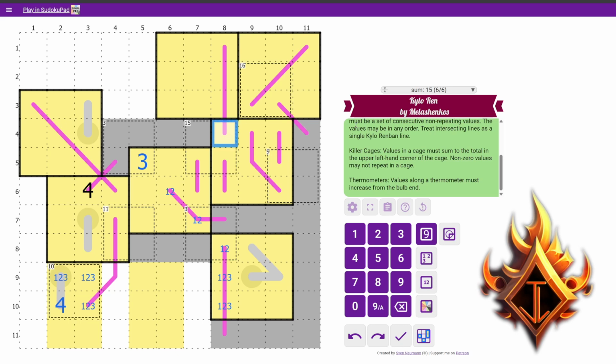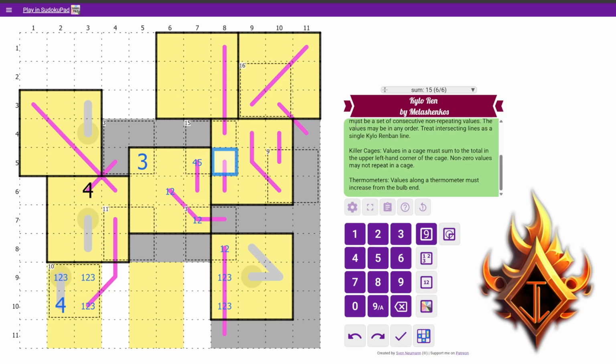So this side, I think, has a minimum. If this was 4, 5, that would be 6. This has a minimum of 10. So this cannot be over 5. This is 4 or 5 only.